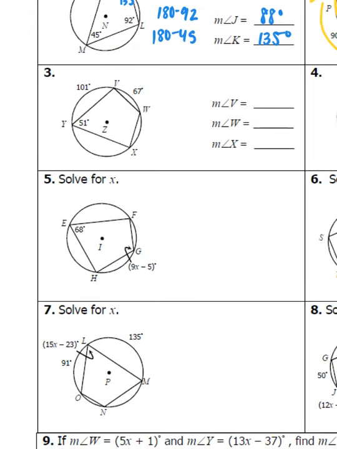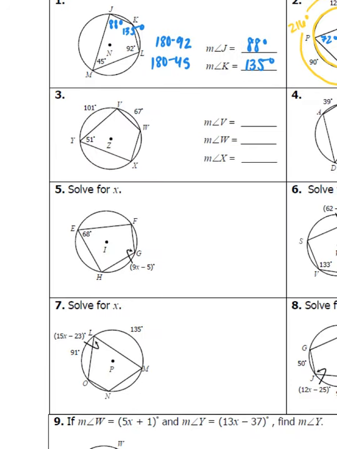All right, so number 3 looks pretty similar. Let's start with the easy one. Let's start with W. Measure of angle W is going to be 180 minus 51, which gives me 129. All right, next it looks like we could find angle X, because from Y all the way around to W is 168 degrees.